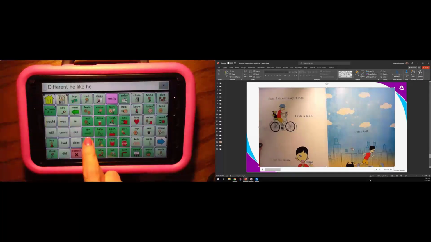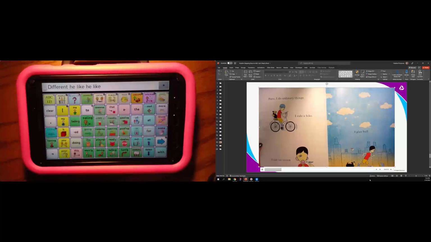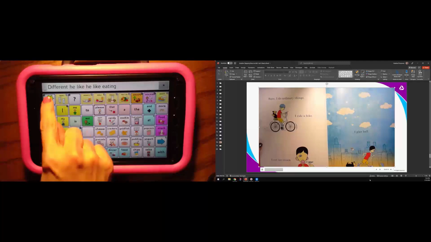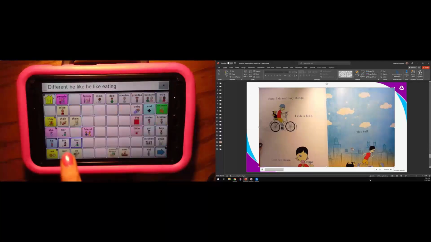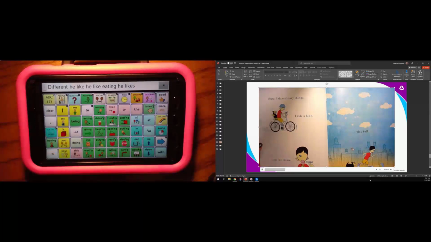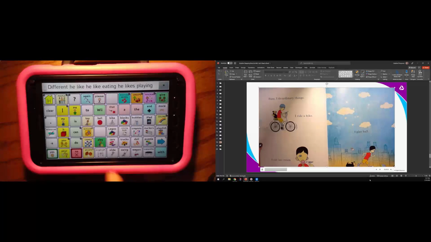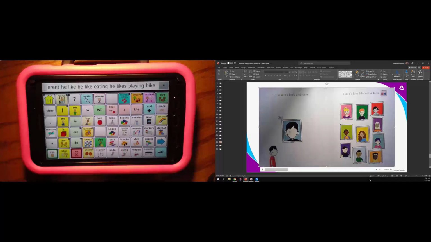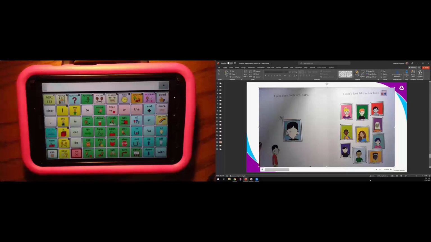He likes eating ice cream, or he likes to play on his bike. So we'll just keep adding on, and that's the goal at this stage, is to add more to it.